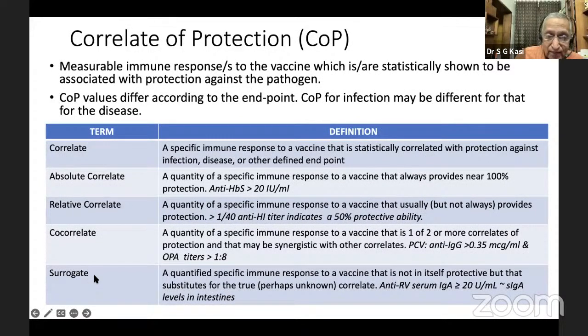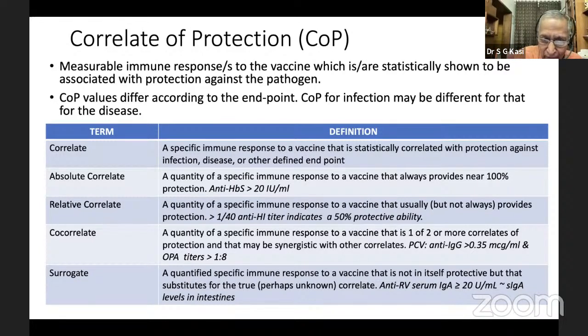Finally, there is something called the surrogate. What is a surrogate? It's again a quantified specific immune response that is in itself not protective, but it substitutes for some other correlate which is known or unknown. You have got a specific immune response which correlates with protection, which correlates with some other parameter, which you know or do not know.